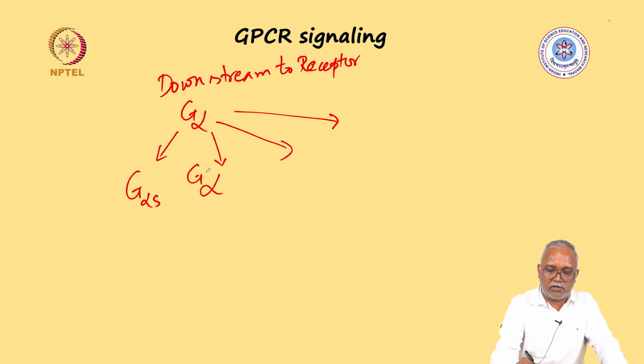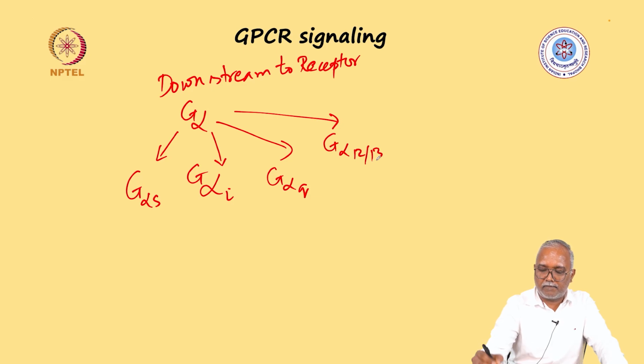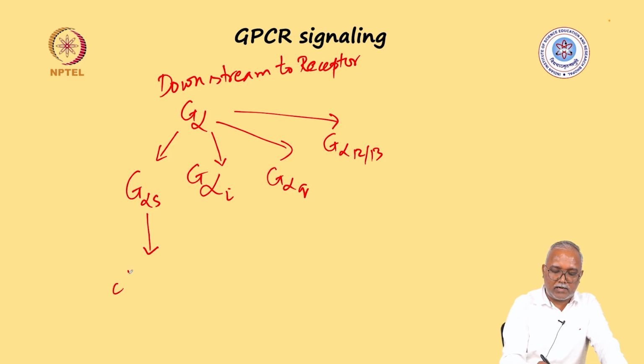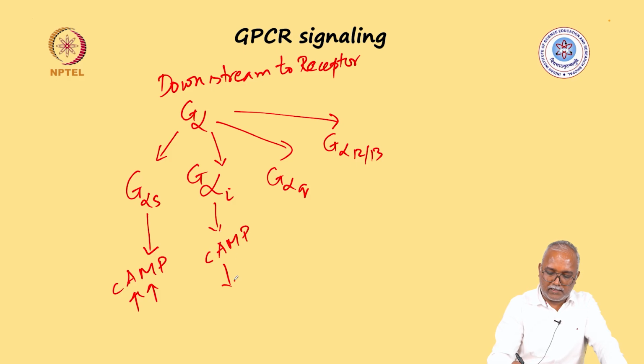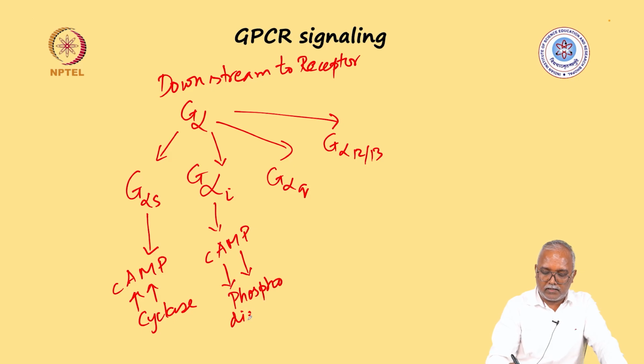Then the next one is G-alpha-I, then there is G-alpha-Q, and then you have G-alpha-12, 13. What we know is that G-alpha-S engages in cyclic AMP production, while G-alpha-I reduces the cyclic AMP or cyclic GMP level. So these use enzymes in the class of cyclase, and these use the enzymes in the class of phosphodiesterase.